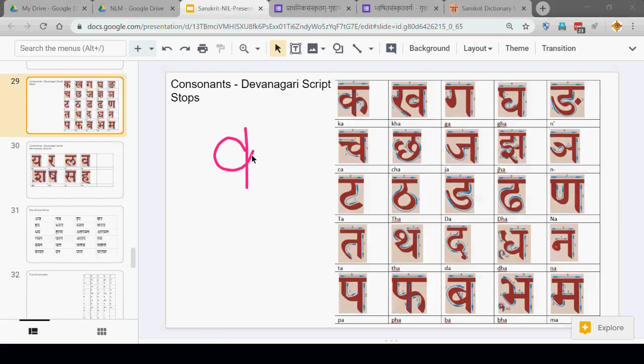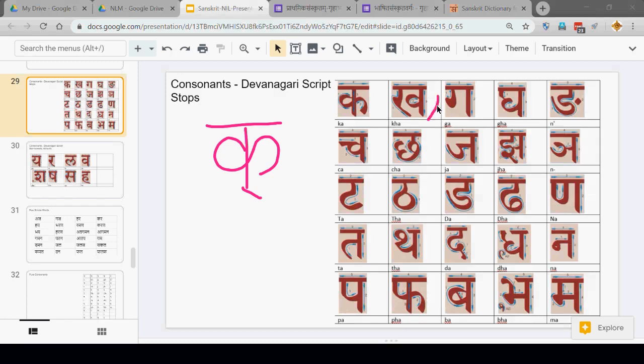So I write K. This has an a sound in it at the end, but just to represent the K sound without the a, I want to represent it symbolically. Then I just use a slant line at the bottom, a short oblique line at the bottom of each of these symbols.